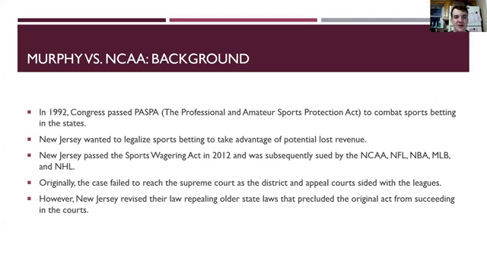In around 2011, New Jersey wanted to legalize sports betting to take advantage of potential lost revenue in the state, which they calculated to be around $600 million. And so they passed the Sports Wagering Act in 2012, and subsequently were sued by the NCAA, the NFL, the NBA, the MLB, and the NHL.